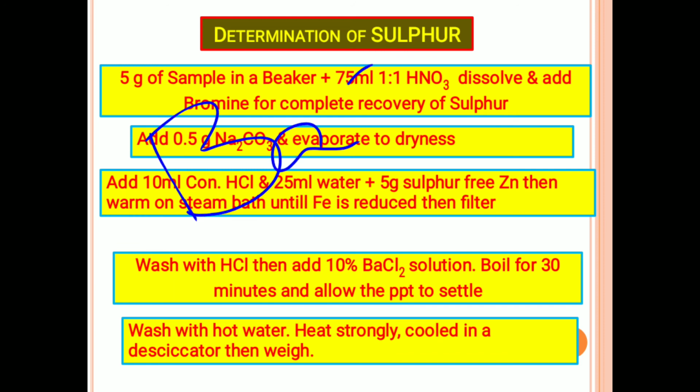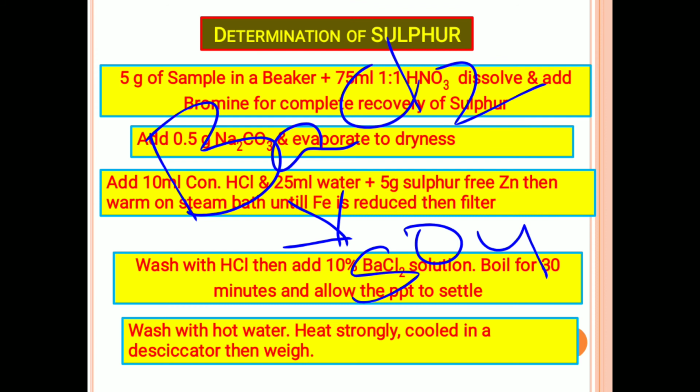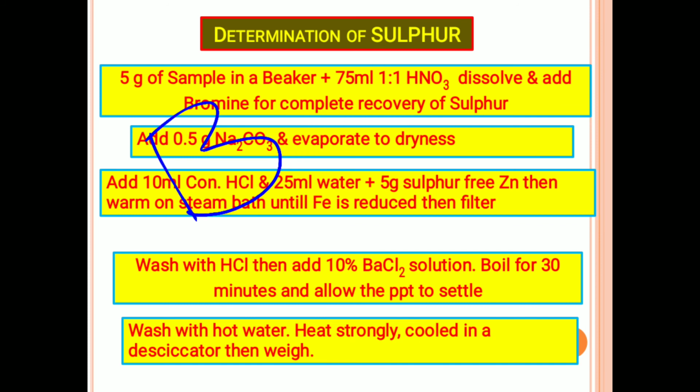Then after the addition of barium chloride, barium chloride will form a precipitate with sulfate ion, that is the oxidized state of sulfur, to form a precipitate called barium sulfate, as we know earlier in unit 1, that is in analysis of ores. So the same process is here, so you can observe carefully.